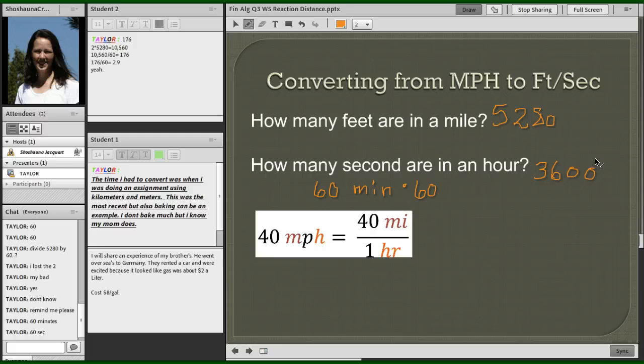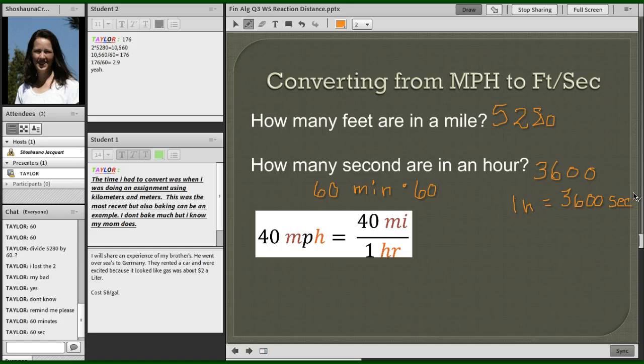Okay, so we can still use the parts of 60 and 60, or we can use the conversion 1 hour equals 3,600 seconds. You know how we used the fraction before? We can just use one fraction if we want to.